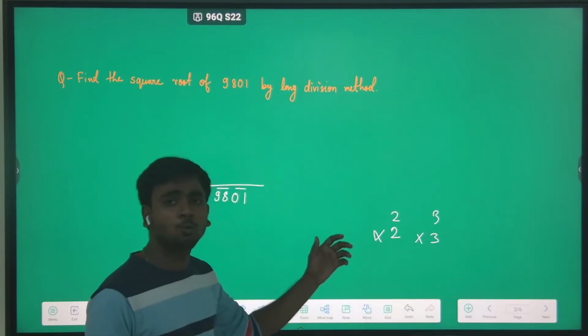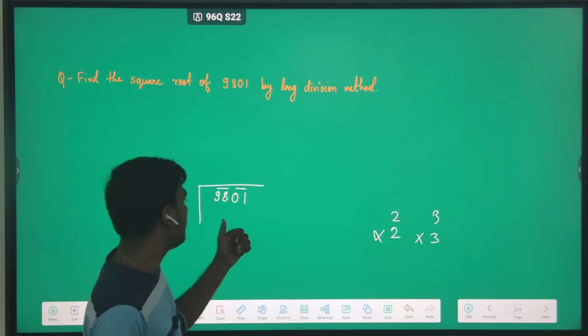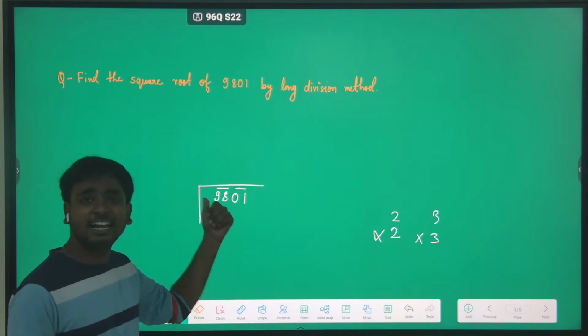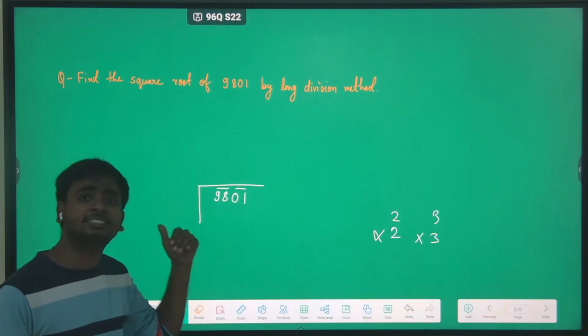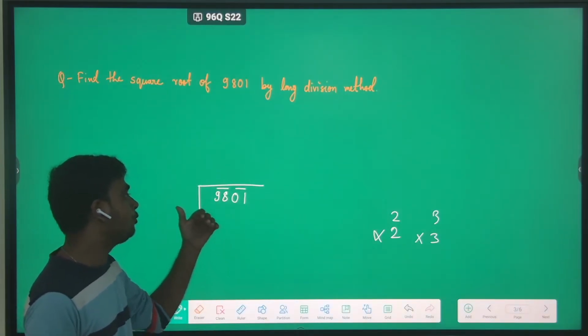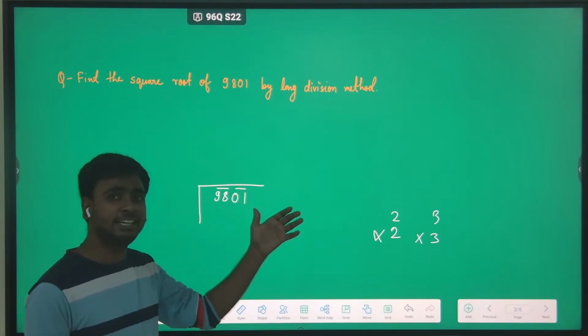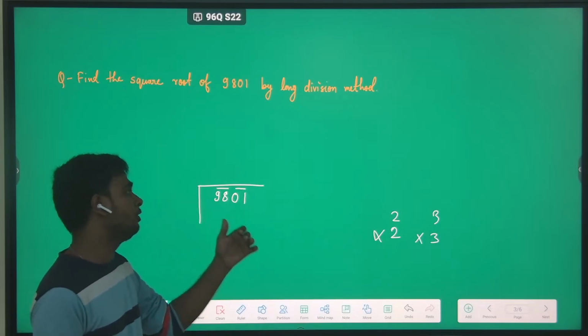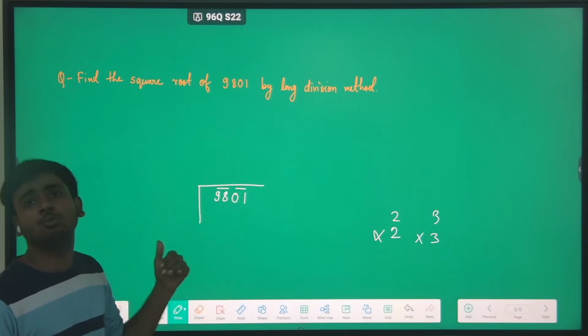We have to multiply two numbers of the same kind and approach a number which is 98, or a number less than 98. Okay, we have to first of all approach 98. If it is not going to reach 98, what will we do? We will find a number which is nearer to 98.